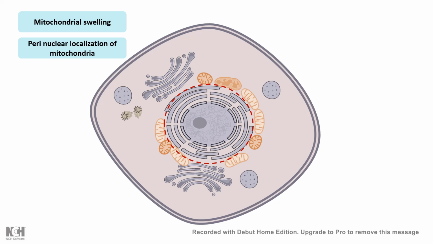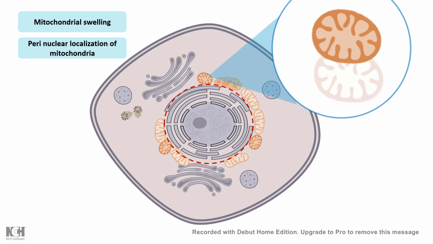Now, the other thing is the mitochondria suffers from swelling. The mitochondria swells, and its morphology is way different from a normal one. And surprisingly, not only its morphology, its functionality is also altered, which we would talk about. And this is one of the major causes associated with the necrotic pathway.